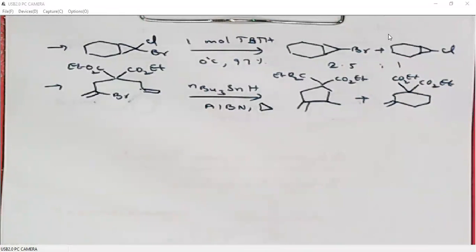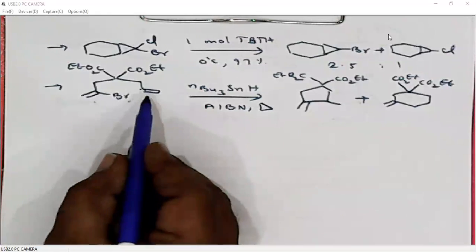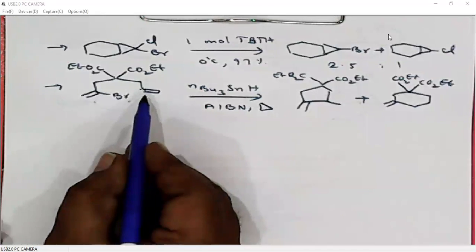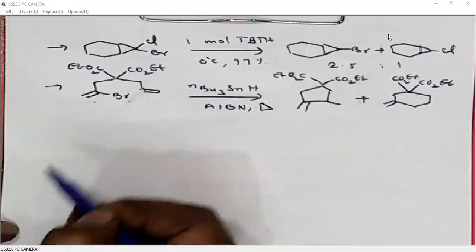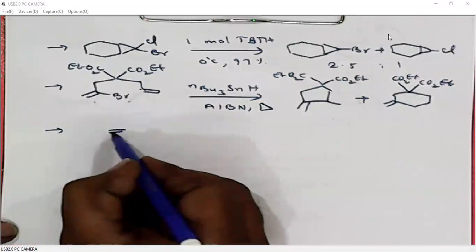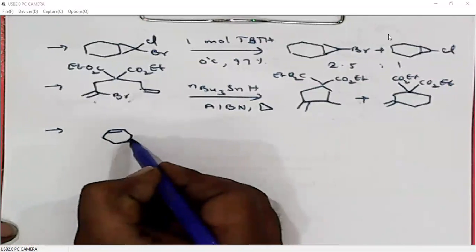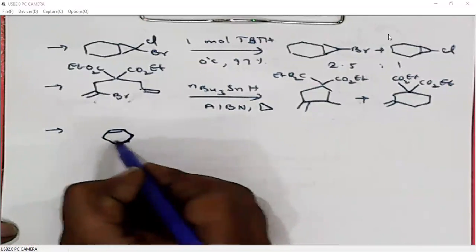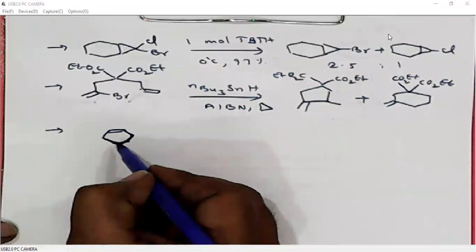So under similar radical conditions, if a double bond is there, then we can go for intramolecular cyclizations. This is a 5-membered ring.